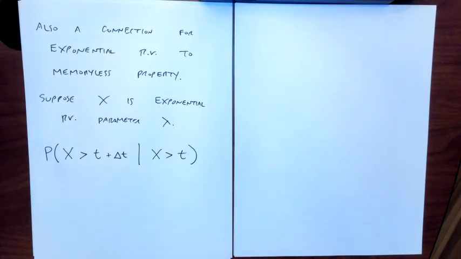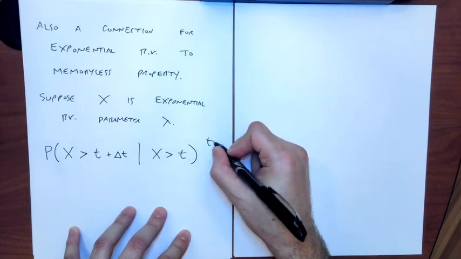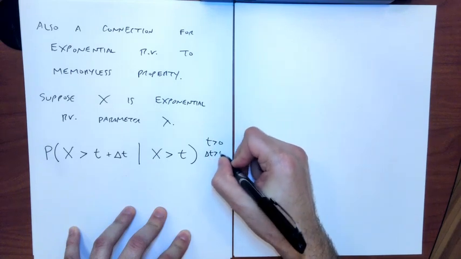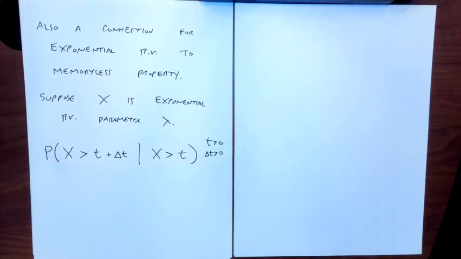This is all positive values. So it's like saying, suppose the buses arrive and the interarrival times are exponential, and I've been waiting 15 minutes for the bus. What's the probability that I have to wait another 10 minutes, right? So here t is 15 and delta t is 10, right?